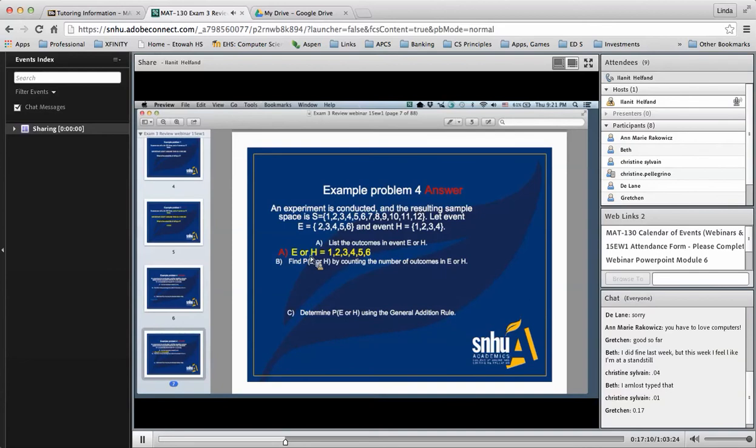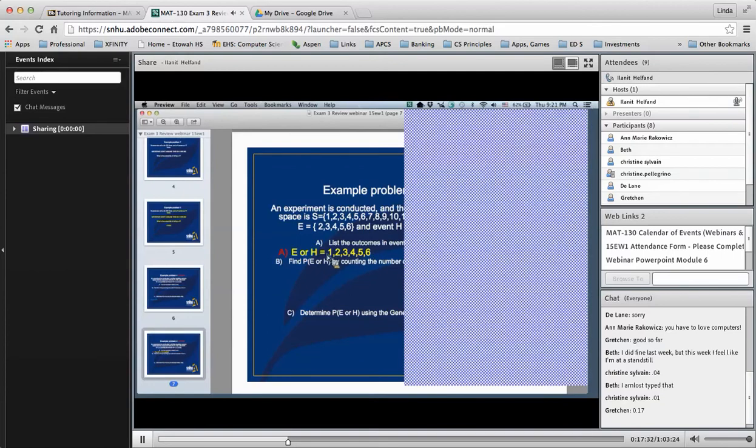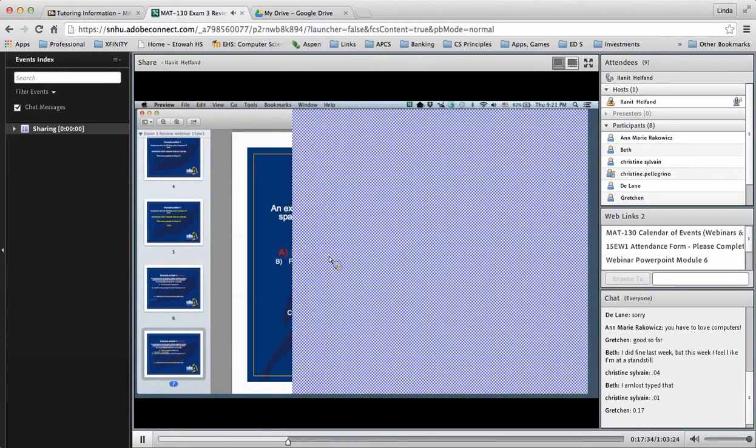And another way of thinking of it is, if anything in E comes up, you win. And if anything comes up in H, you win. So in E or H, you can say, I win as long as either E or H is selected. I don't know, maybe that wasn't a great way of saying it. Okay, so this is what it means to say the event E or H.